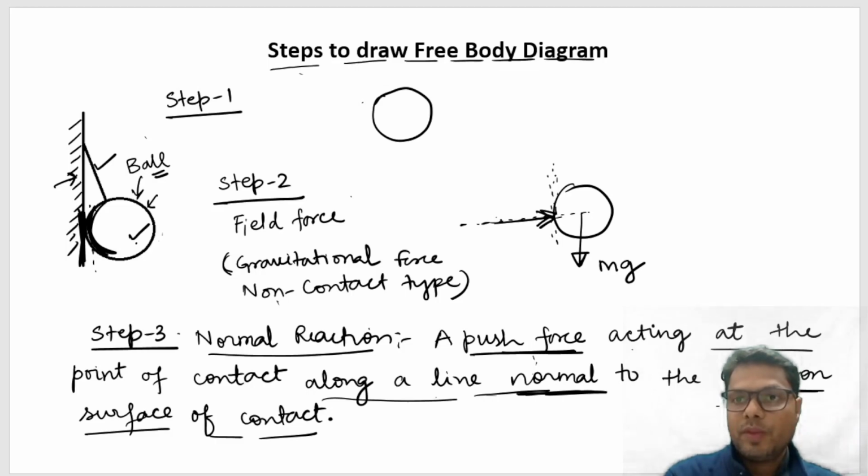Okay, so look, we are drawing the free body diagram of this ball. Is this ball connected with some string, spring or rod? Yes, the ball is connected with this string.